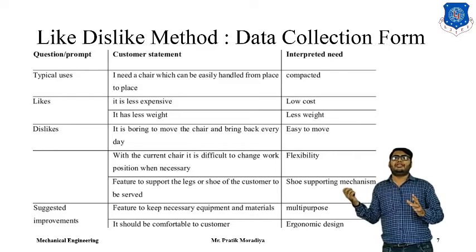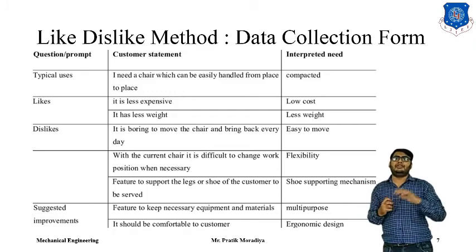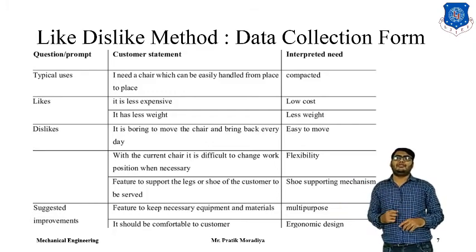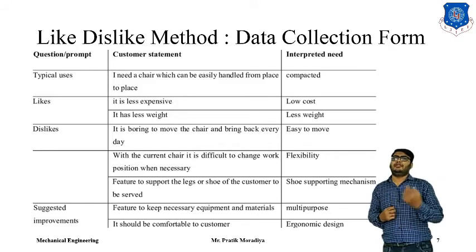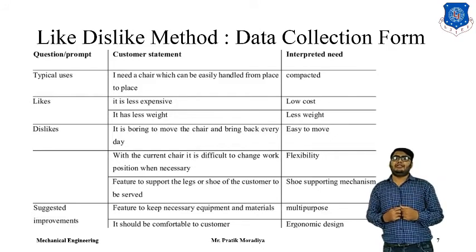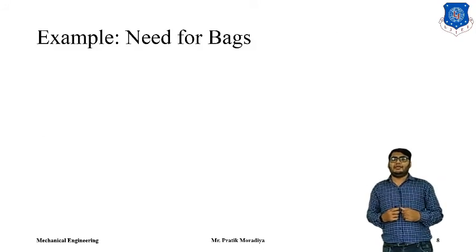You ask about what they like and dislike, and you interpret them, and you ask about the improvements they would like to see in the product, and again you convert those into the desired specifications.